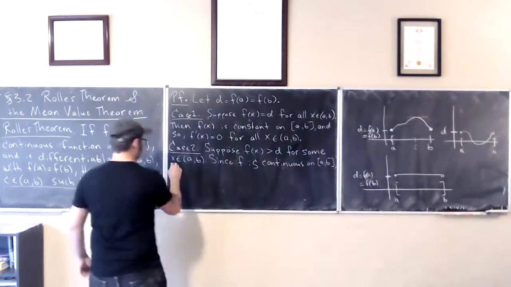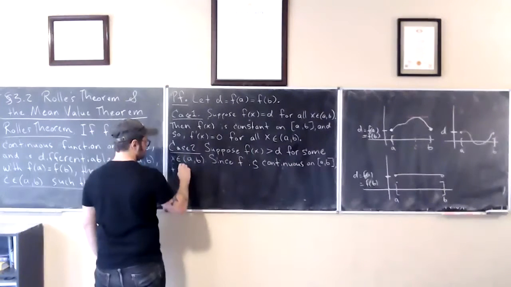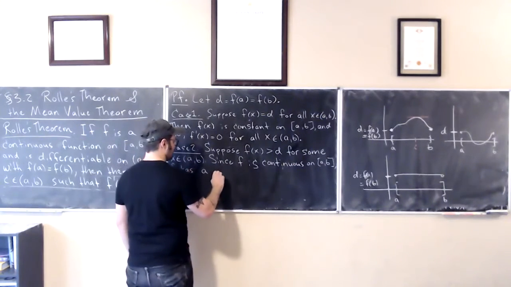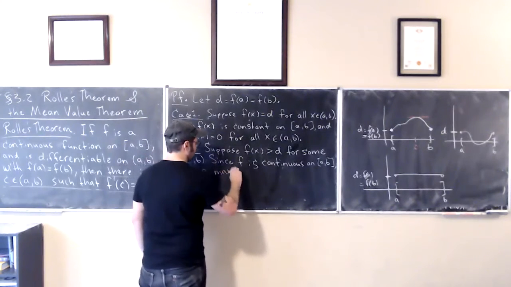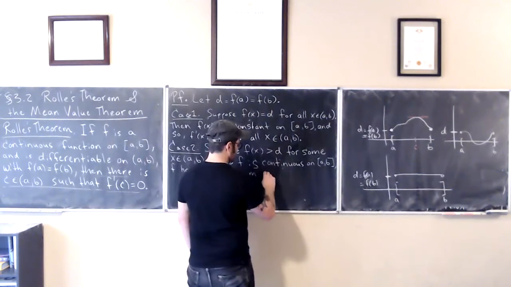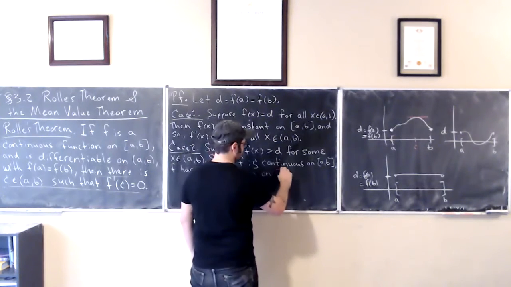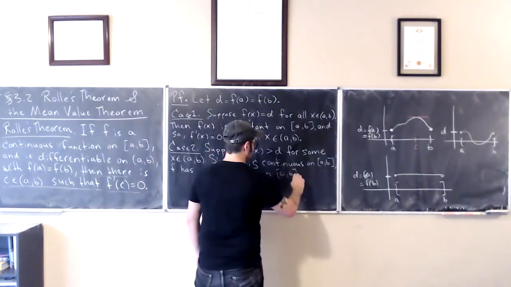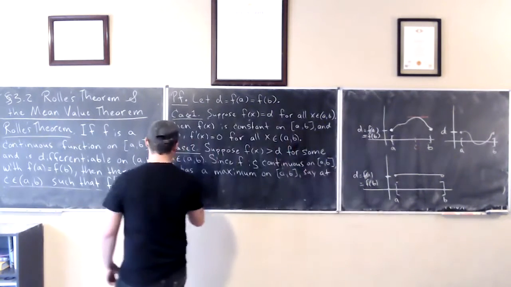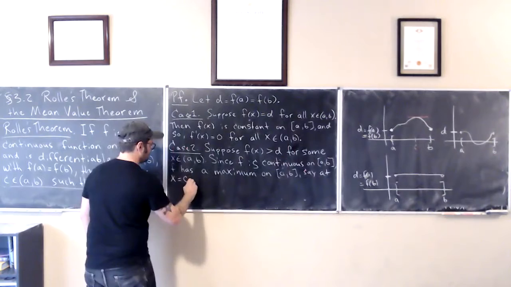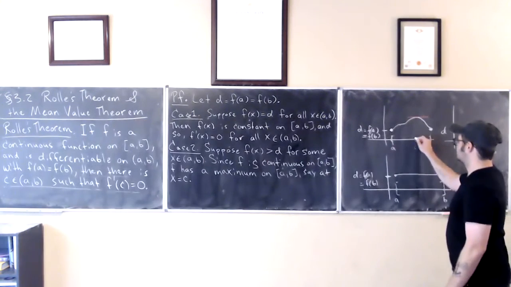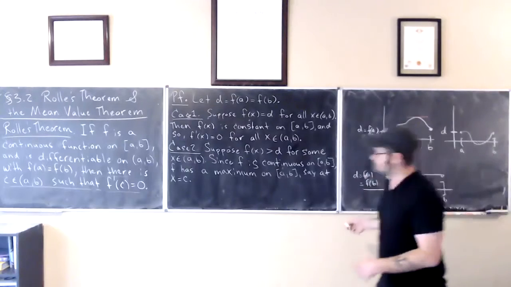So we know that f has a maximum on the closed interval AB, say at x equals c. So there is some maximum over here, and we're going to say that maybe it's at c.